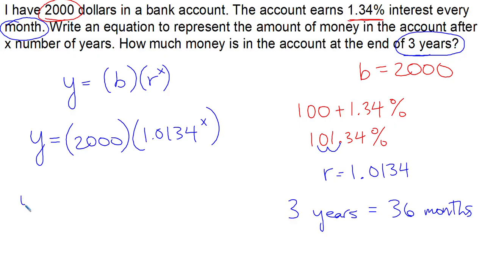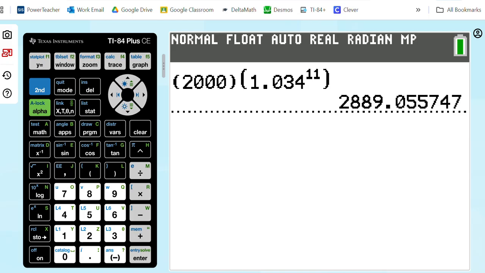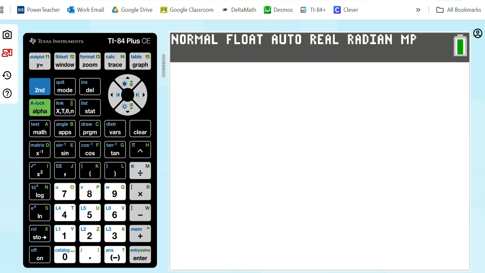So to find our value, we've got y equals 2,000 times 1.0134 to the power of 36. And so once again, we will just put that into our calculator, figure that out. We'll put our 2,000 into parentheses.